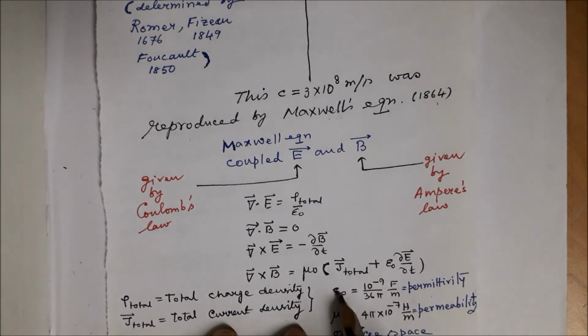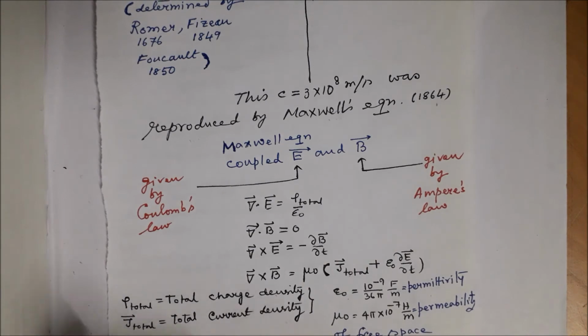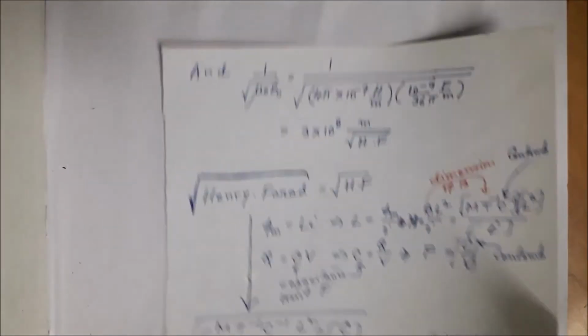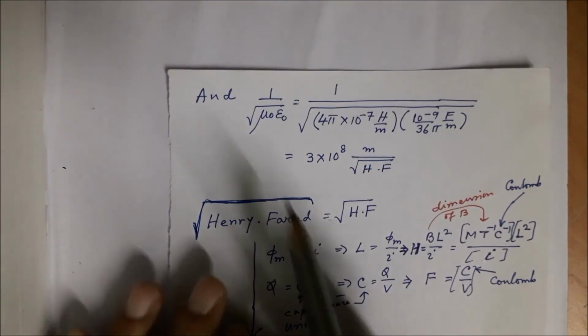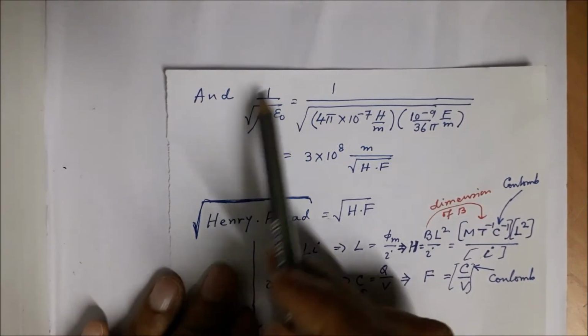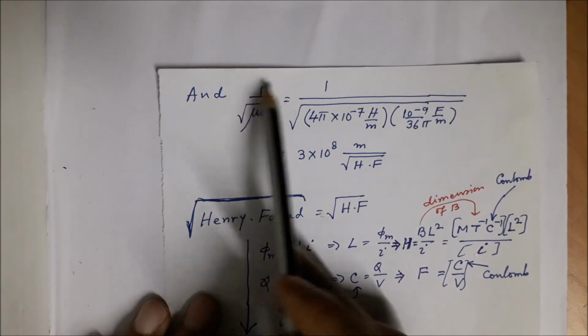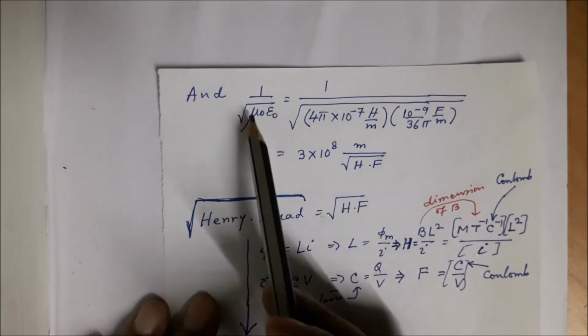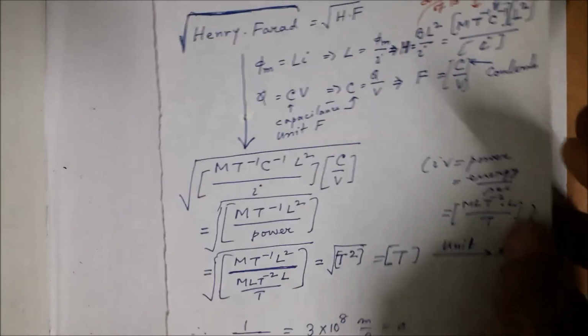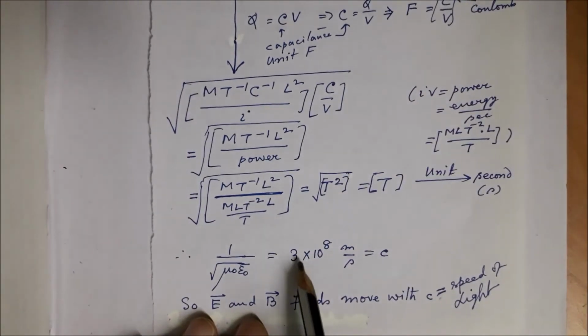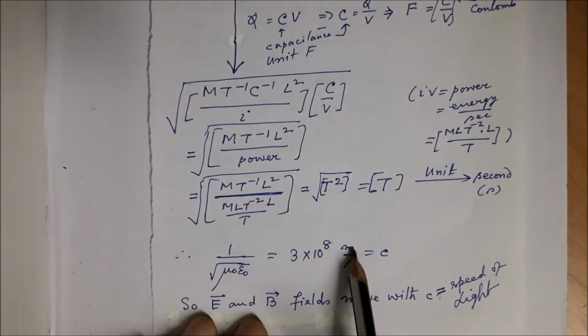Now these constants can be coupled in this fashion. So the constants mu 0 and epsilon 0, when combined properly, give us 3 into 10 to the power 8 meter per second.